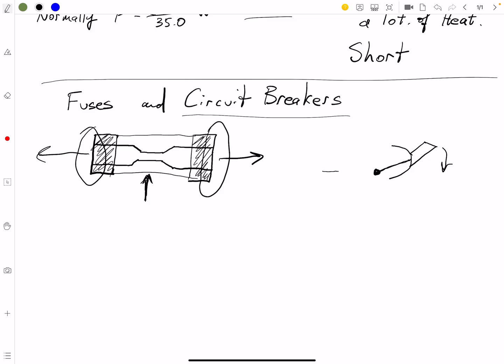So the wire comes in, and a wire comes back out here. And if this fails, if it gets too hot or too much current is going through it, then this drops down, moving this switch up. Okay? And that breaks the circuit. All right? So it's a circuit breaker.